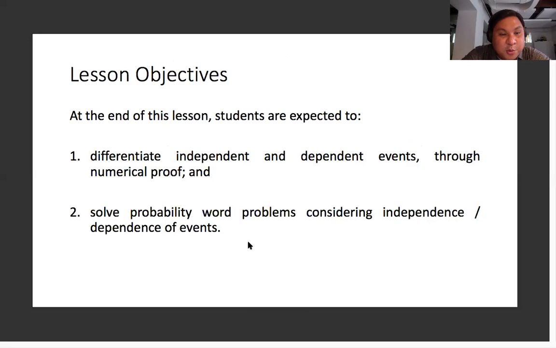So we are to differentiate independent and dependent events through numerical proof and solve probability word problems considering independence or dependence of events. Okay, so although the lesson proceeds from addition rule of probability, eventually the more important content will be found at the end, which is of course independent and dependent events.